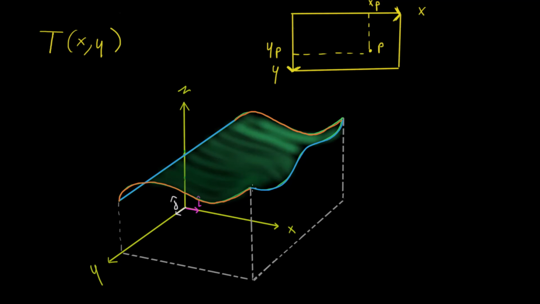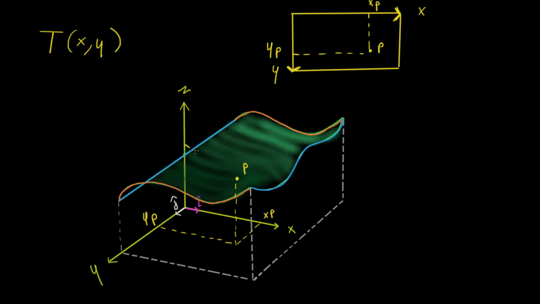So if we report this on our graph, maybe the point P will be somewhere around here. And as we've seen, it will have coordinates x_p and y_p.